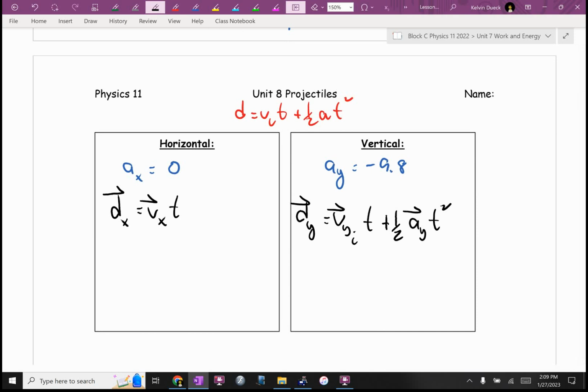Mr. Duick, what, Callie? I notice you put an initial there, but you didn't put an initial there, even though there is an initial there. True. You got a pretty good eye. How come I didn't bother putting an I here?